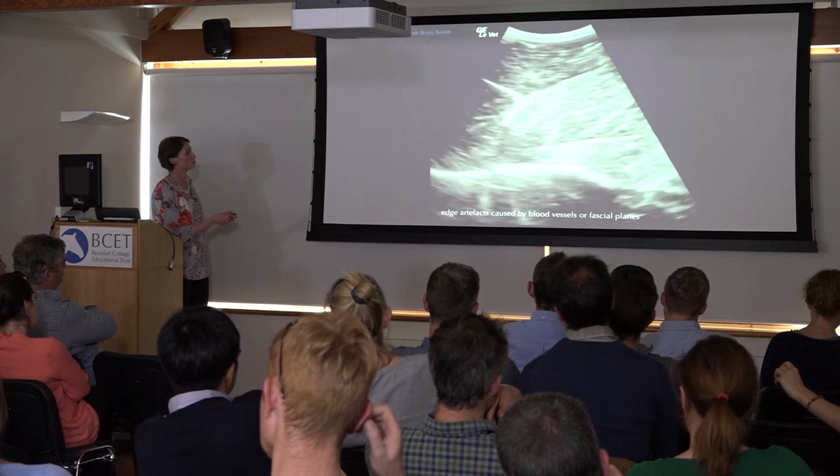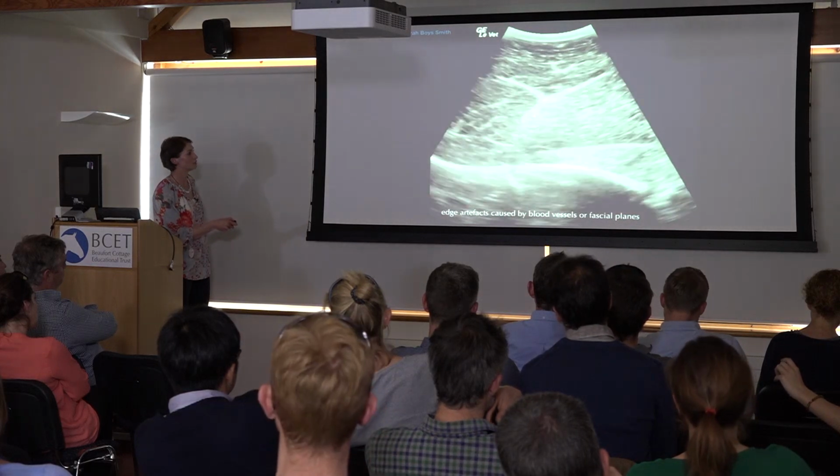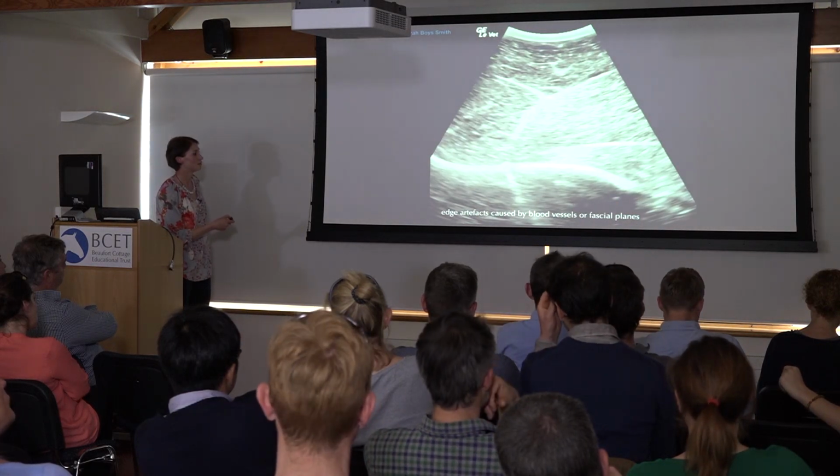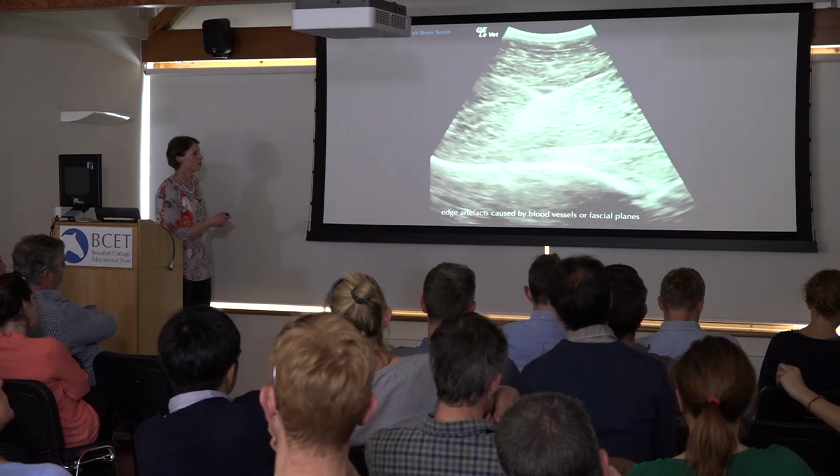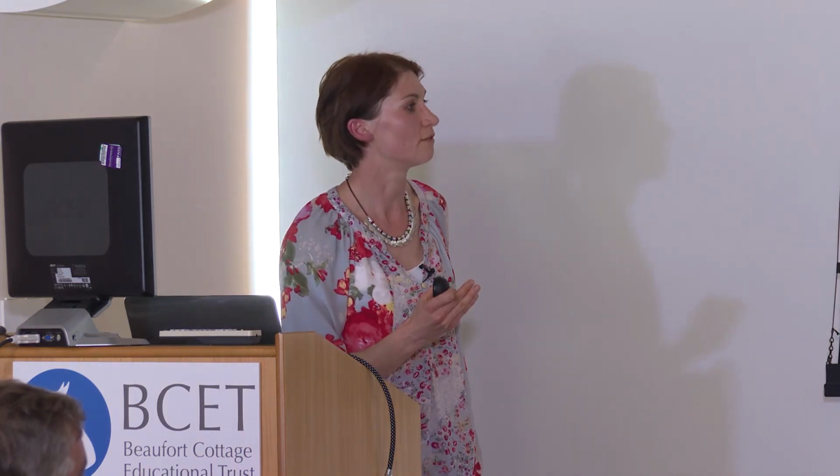Most of the time they're caused by these fascial planes within the muscle, or alternatively by blood vessels as well. They're generally very bilaterally symmetrical, so if you've got one on one side, you're going to have one on the other side as well. Not necessarily in exactly the same place, but you will generally have them on the left and on the right if you're not sure.